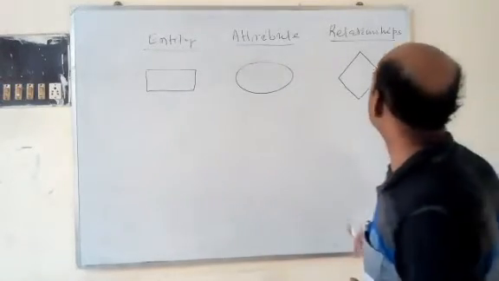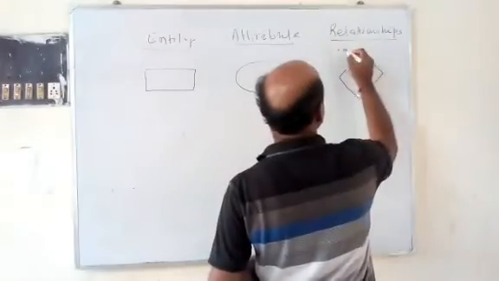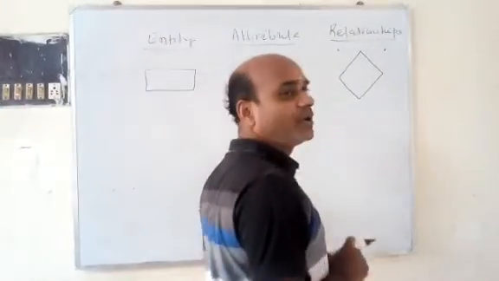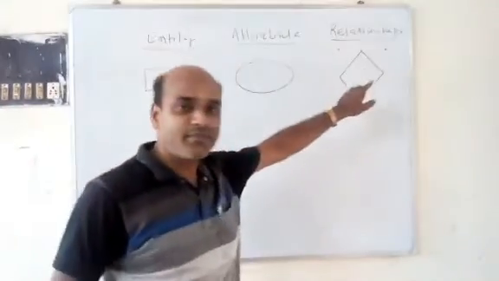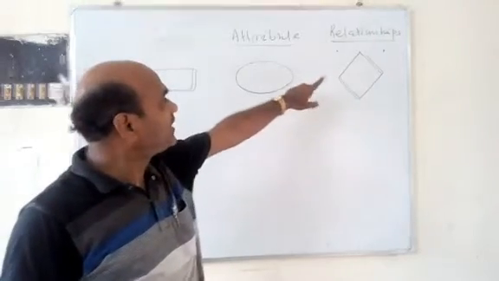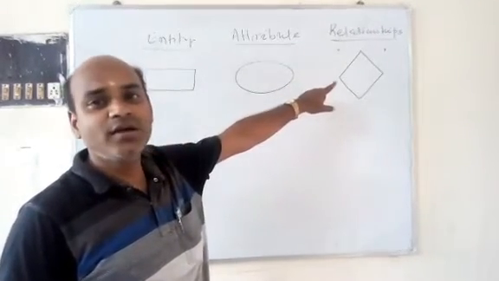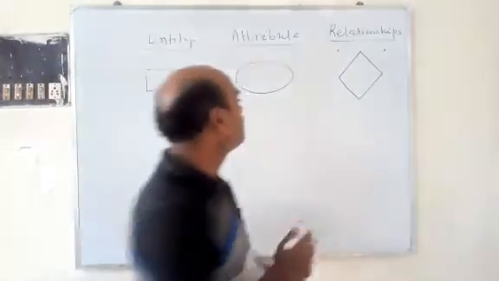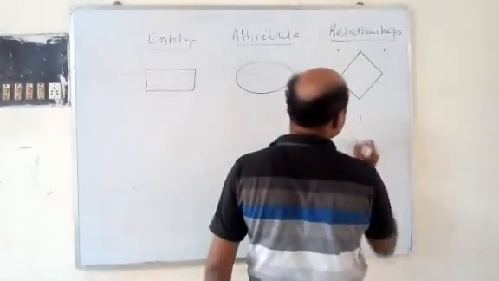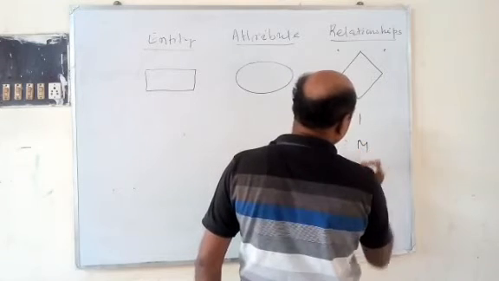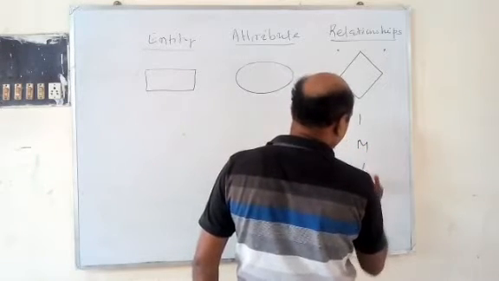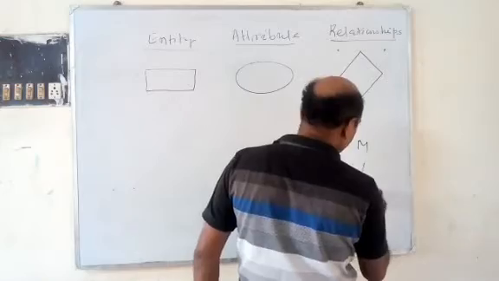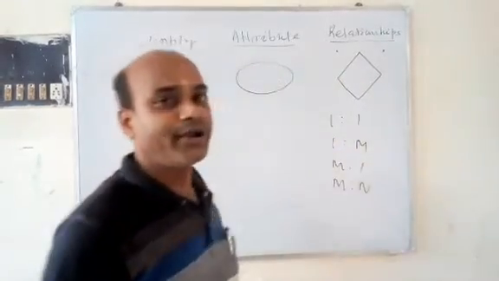And relationship: in the previous class we discussed that the relationship is denoted by the diamond shape. This relationship was explained in four types: one-to-one, one-to-many, many-to-one, and many-to-many relationship between entities.